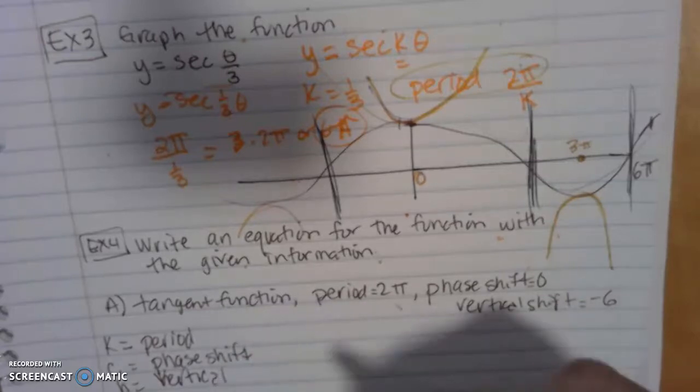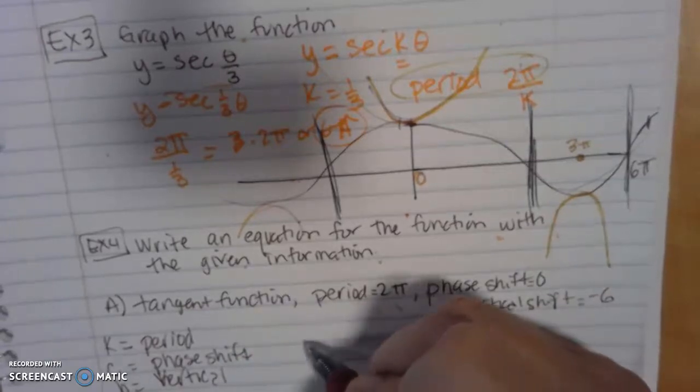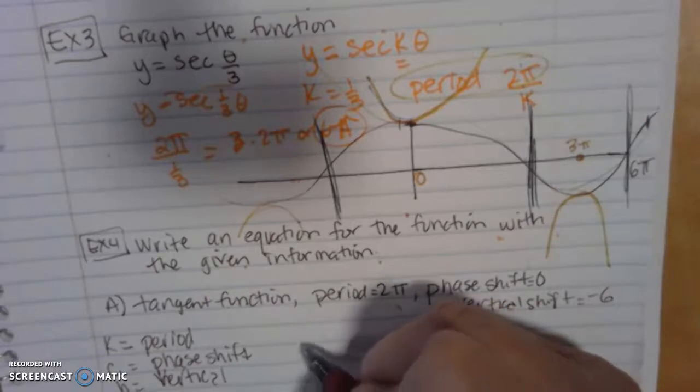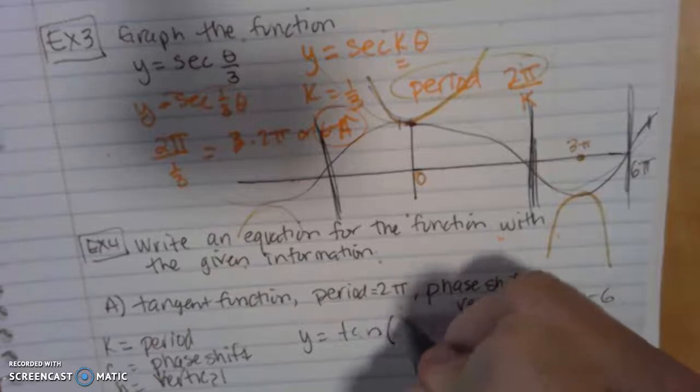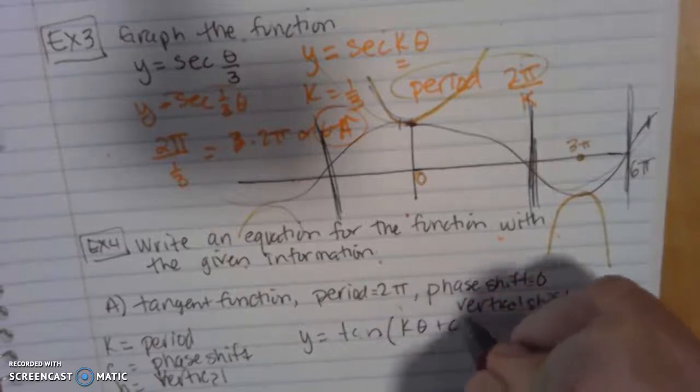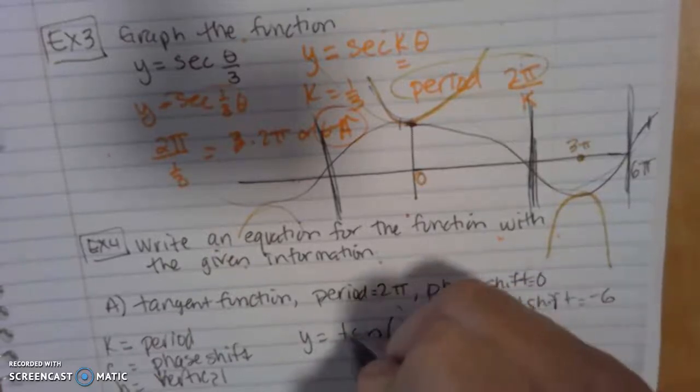And how we write that equation is y equals tangent of k theta plus c, plus h.